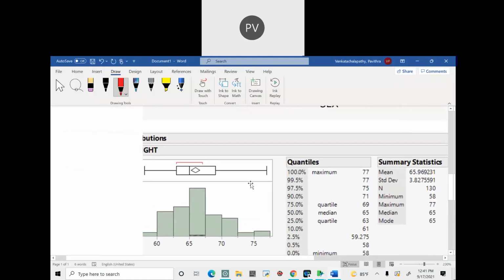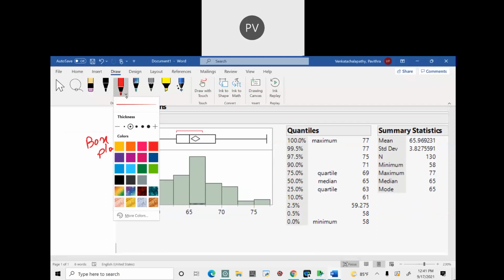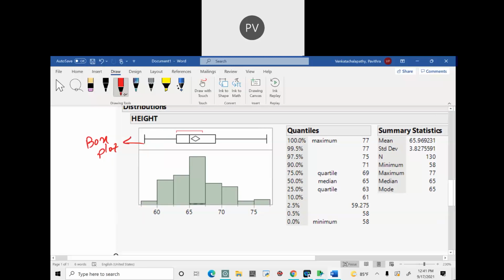Let's concentrate on this. So this is nothing but your box plot. If you can observe very clearly, this is your median. According to the quartiles, this is your median.